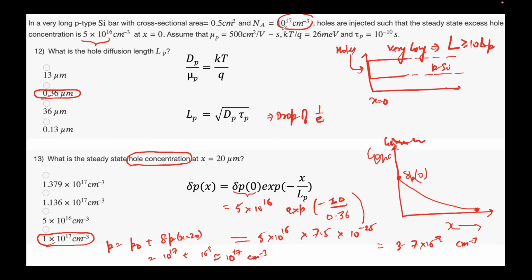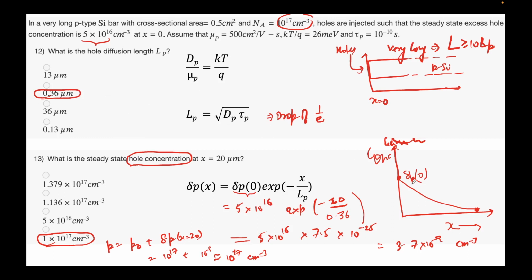I'll summarize that. We are given a p-type semiconductor, very long, with some background doping of 10 to the power 17 cm minus 3, and we were injecting some holes at 5 into 10 to the power 16 cm minus 3 from this edge. First we found out the diffusion length, and we saw the diffusion length is 0.36 micrometers.